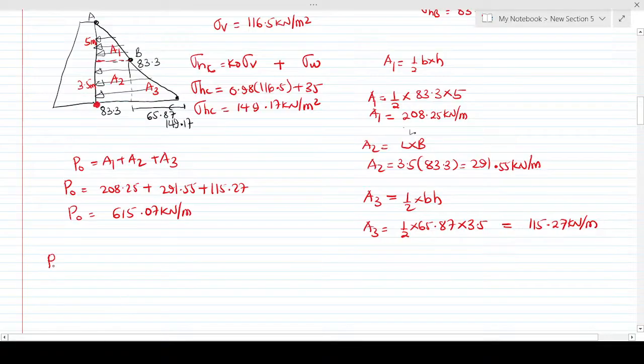So my P naught times XC, the centroid I'm looking for, is equal to the individual forces times their centroids. You see that I did not put them together in this equation because I'll need them again. So the individual forces: 208.25 for the first one times its centroid.